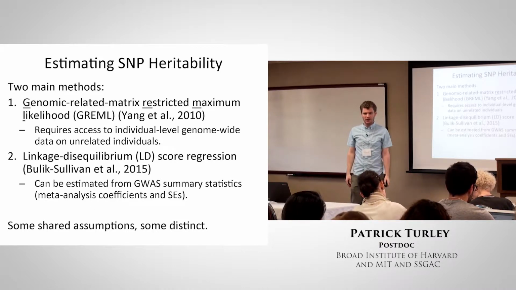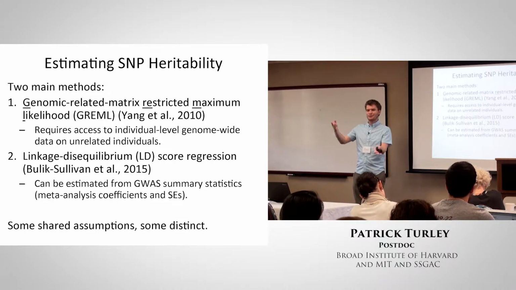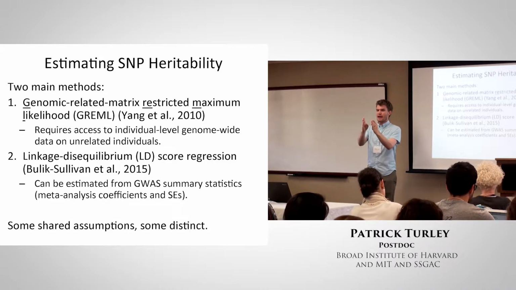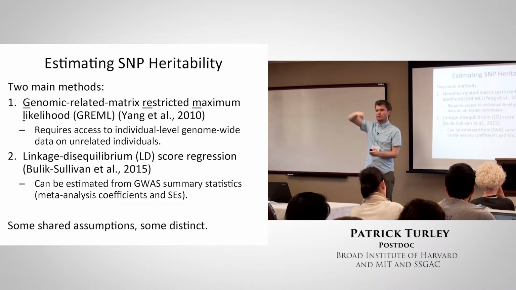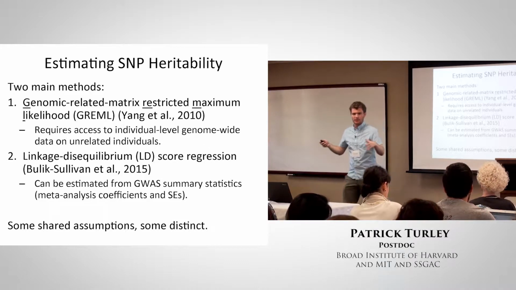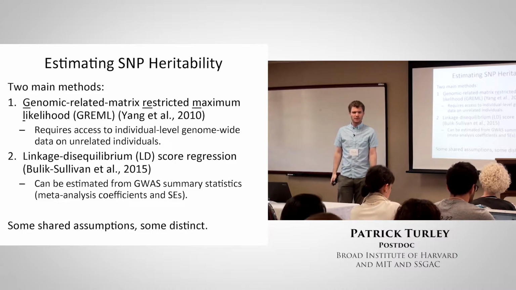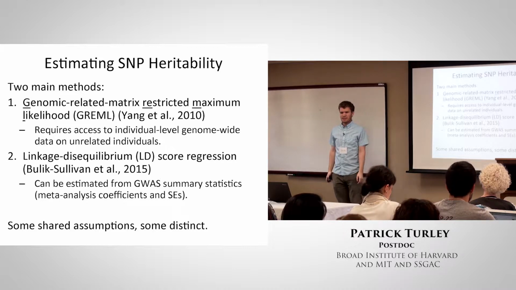Linkage disequilibrium, LD score regression compares SNPs. It says if two SNPs are related due to LD, and we see that when a SNP is related to lots of other SNPs, it explains more of the variation, then we say that's more heritable. So we're getting at SNP heritability in slightly different directions. We're using some shared assumptions, but some different assumptions. But we can use these two estimates to triangulate and see if they're consistent with one another. They should be approximately the same thing.